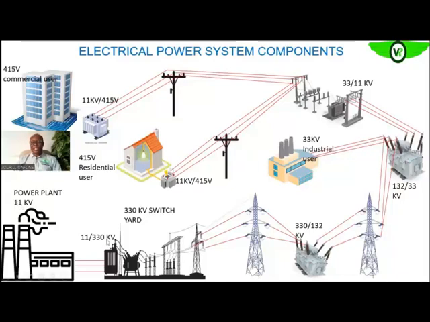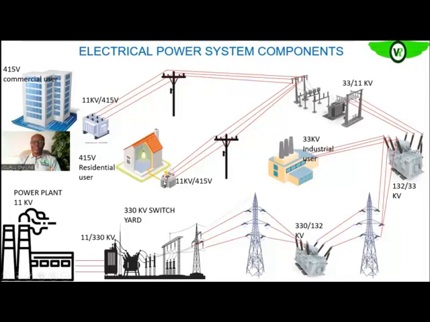Then in the first transmission section, we have 330 kV. Then in the second transmission section, we have 132. At the injection substation, we have the transformer that will take it from 33 kV to 11 kV. So we have 11 kV on our distribution lines.